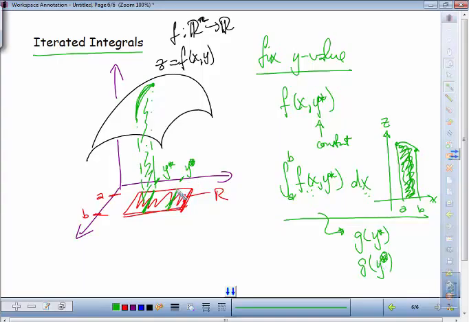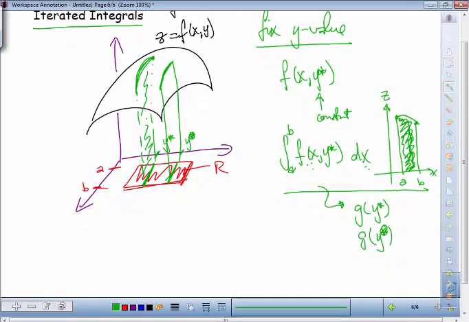The same curve. Well, not just the curve, but an actual area. So I would get a different area, but from a different slice. So what I'm trying to get at is that this g function is now an area function, where I have areas of a bunch of these slices.